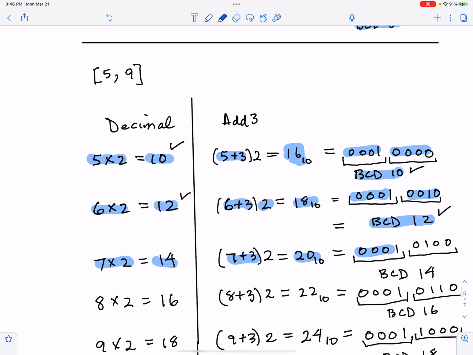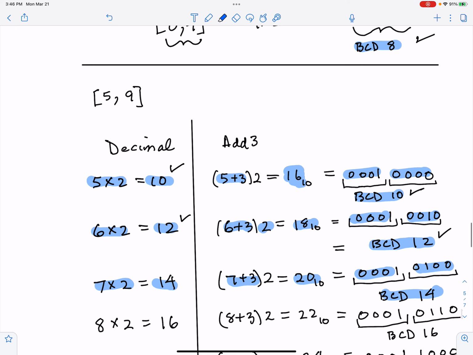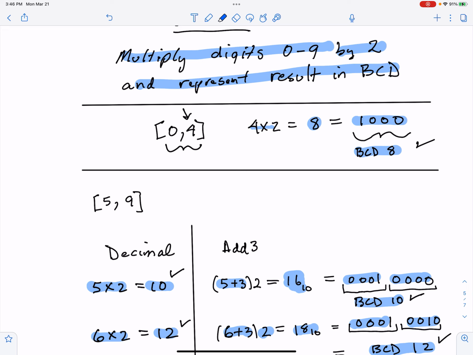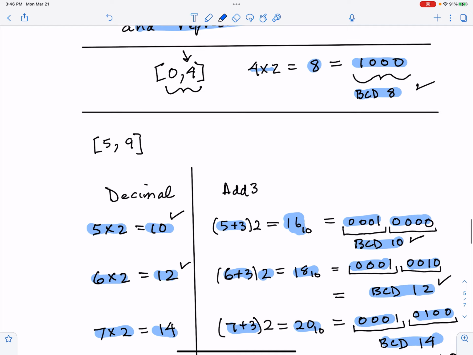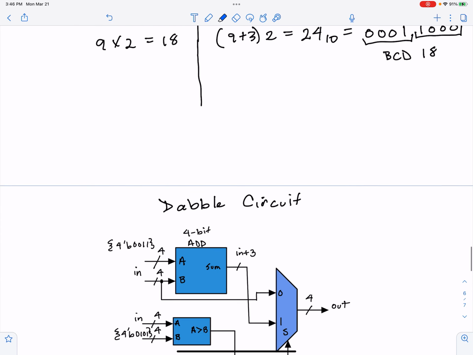Convert that, 16 plus 4, that's BCD 14. I've done the rest of these. You can take a look and convince yourself that this is performing this statement: multiply digits 0 through 9 by 2 and represent the result in BCD. For the first 4 digits, 0 through 4, we don't have to do the add 3 trick. For 5 through 9, we do have to do the add 3 trick.